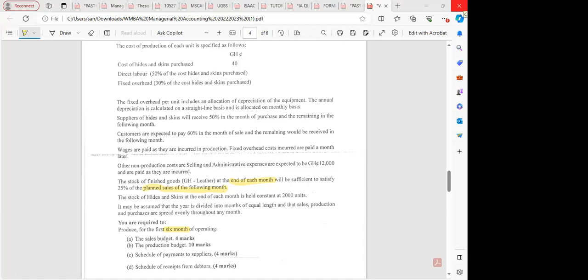Great. Okay. So we're saying that stocks of hides and skins at the end of each month is held constant. When we get this statement... The line is breaking.